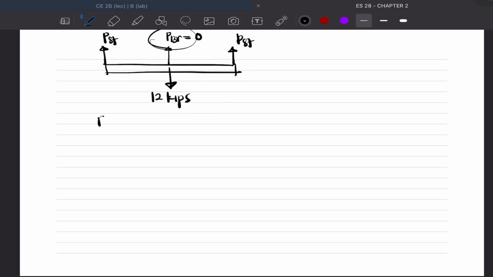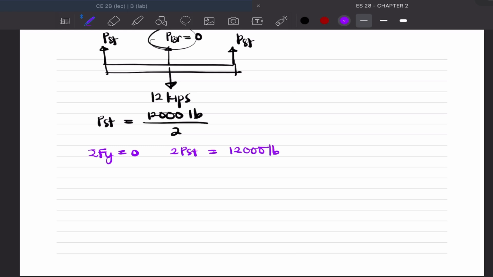Therefore, P steel is equal to 12,000 pounds divided by 2. Or you can analyze it as the summation of forces vertical equals 0, so 2 P steel equals 12,000 pounds.